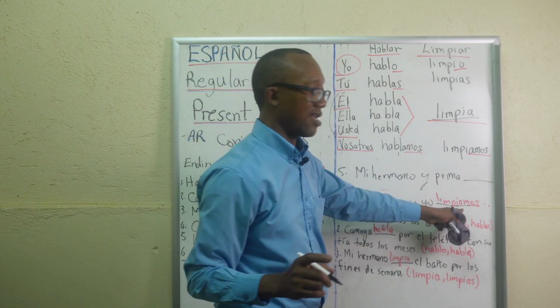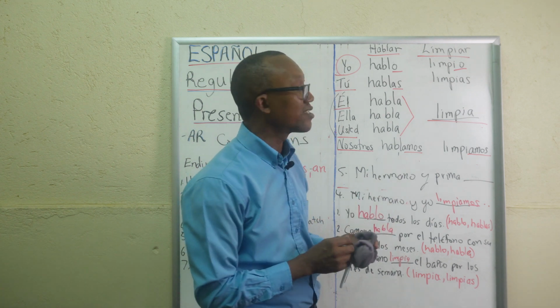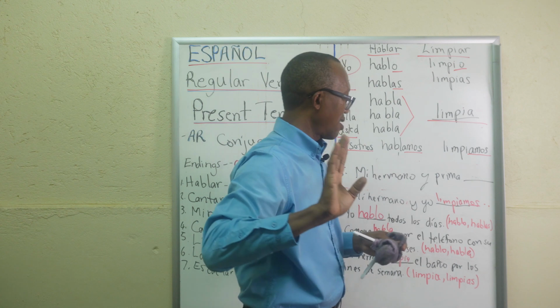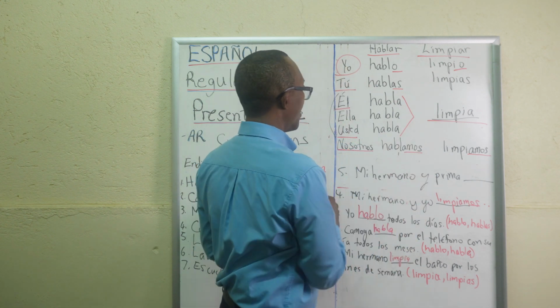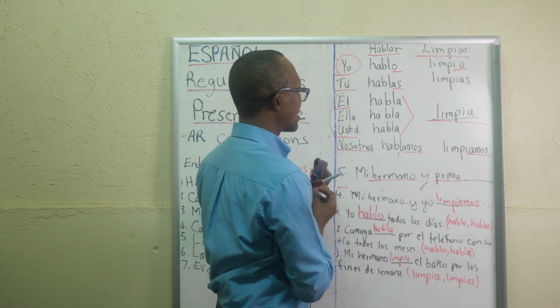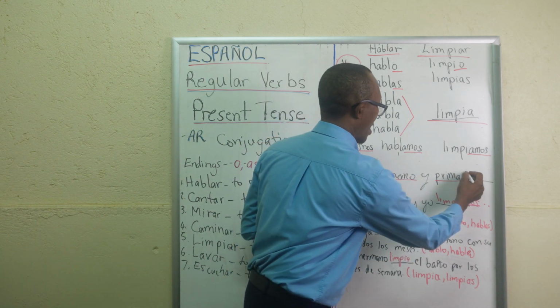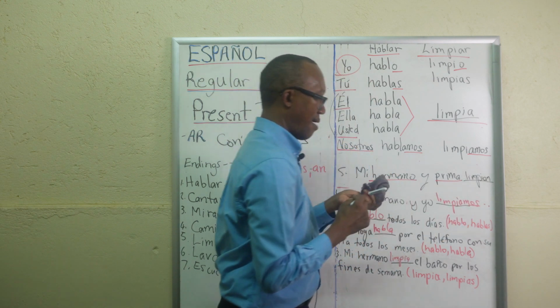Well, it cannot be the same because I took myself out, but somebody else is there, so it can't be limpia. It can't be limpio, absolutely not. It has to be they, 2 people, my brother and my cousin. So it has to be limpian. They clean the bathroom, right?